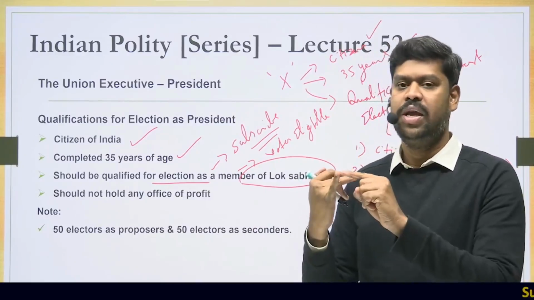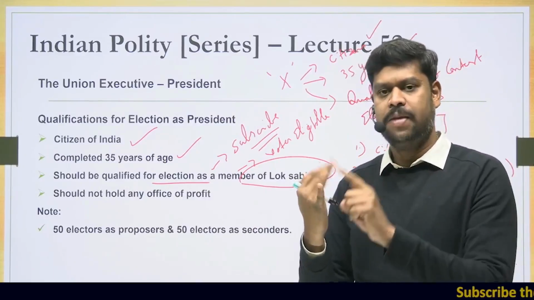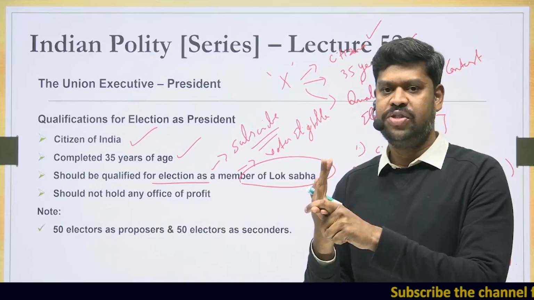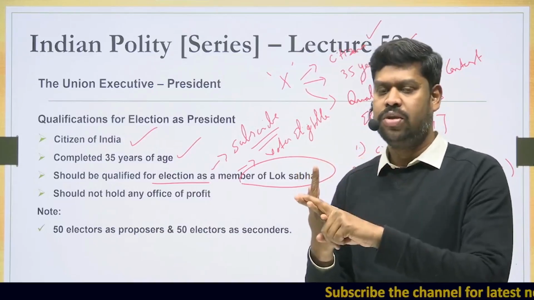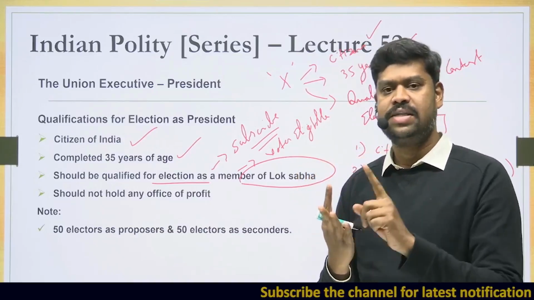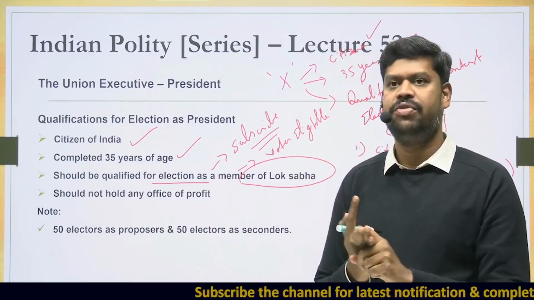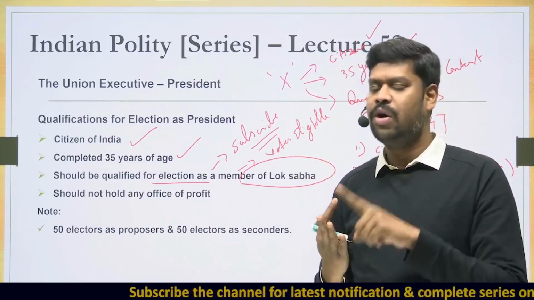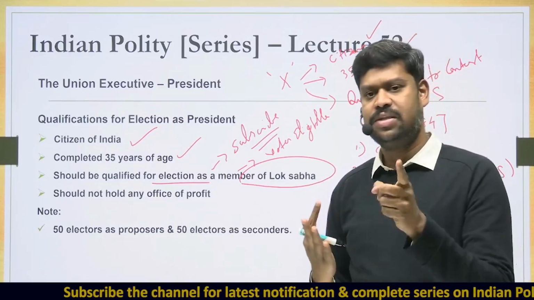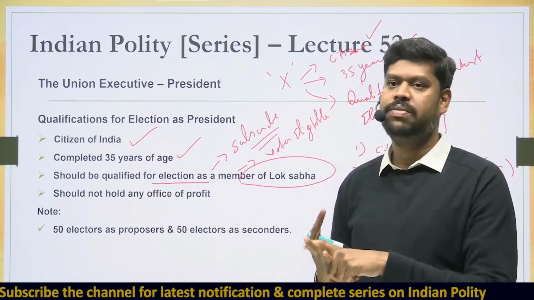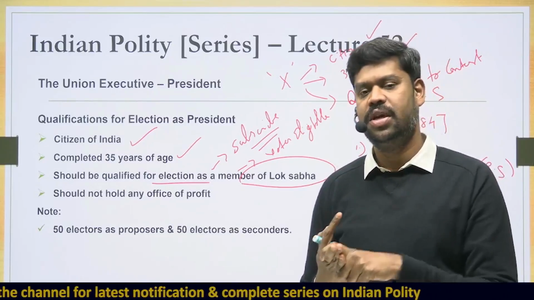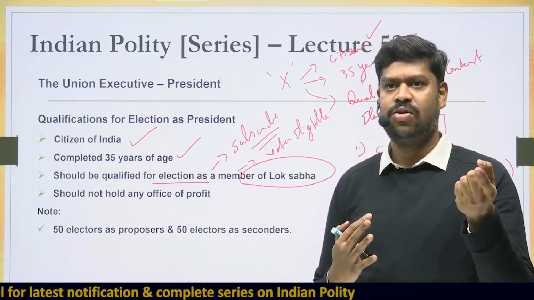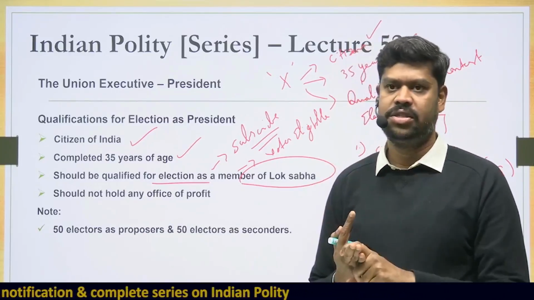One, should be a citizen of India, should have completed 35 years of age, should subscribe to an oath in front of an authorized authority as determined by the Election Commission of India. And who will appoint this authorized authority? The Election Commission. And who is usually the person appointed by the Election Commission? It is either the Secretary General of Lok Sabha or the Secretary General of Rajya Sabha.